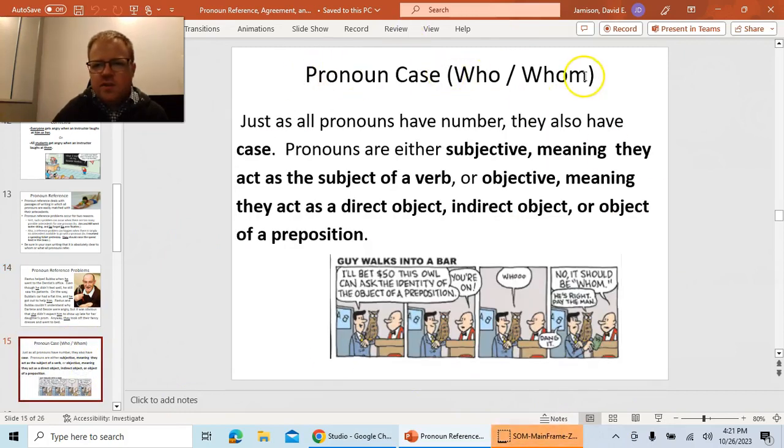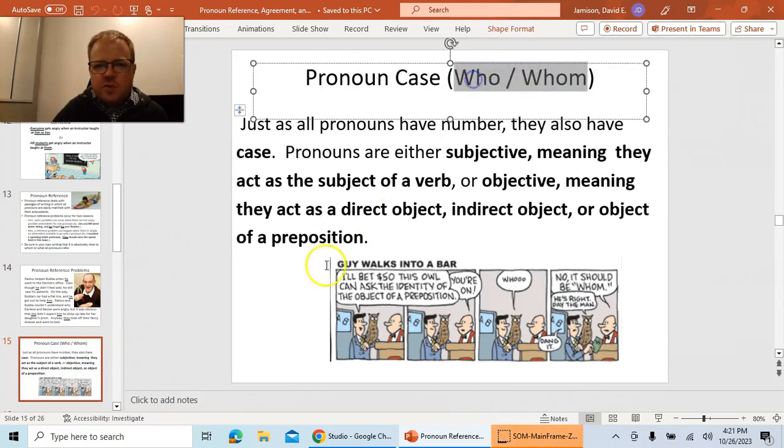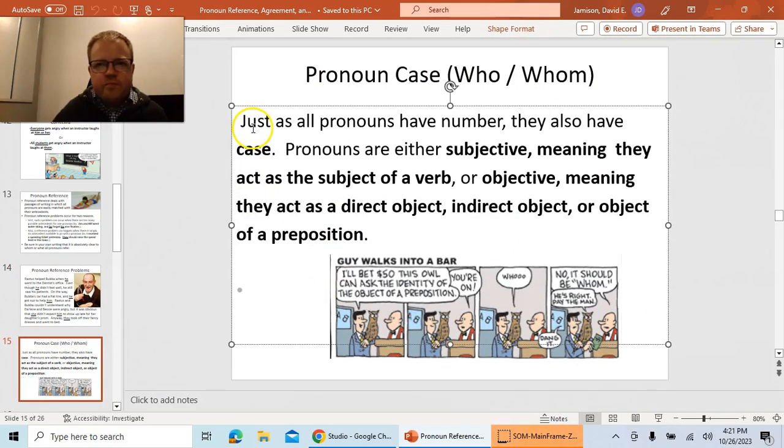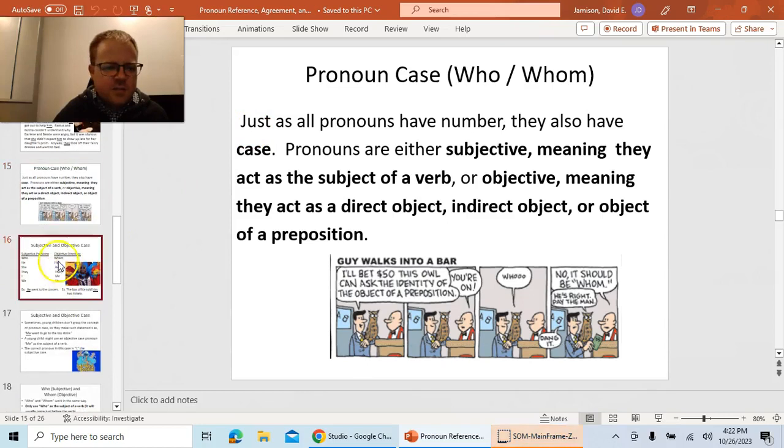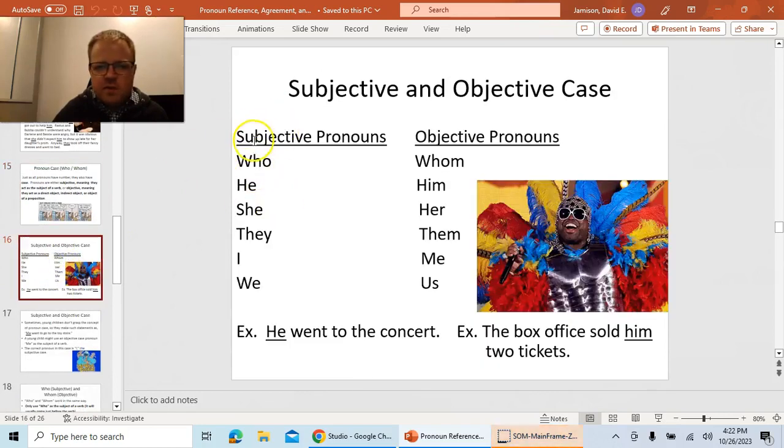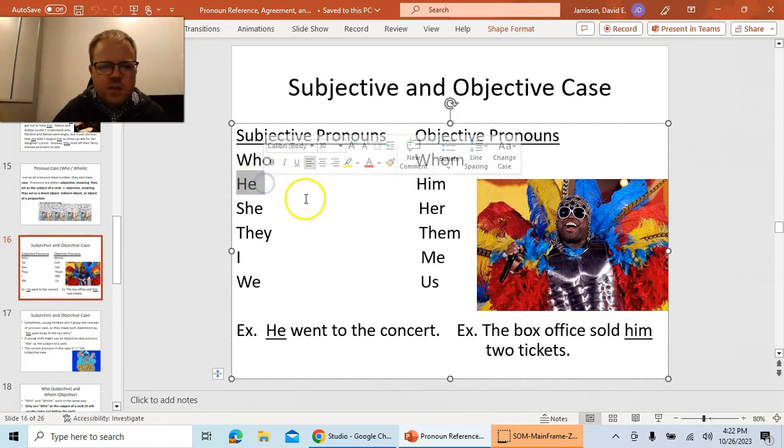So this is a really tricky one that throws a lot of people off. Let me show you this slide first. There are subjective pronouns and objective pronouns, and most of the time you will not screw this up. He is a subjective pronoun, and him is an objective pronoun.